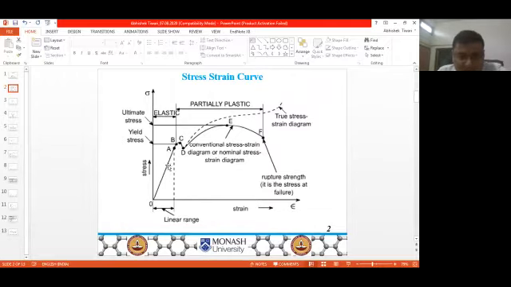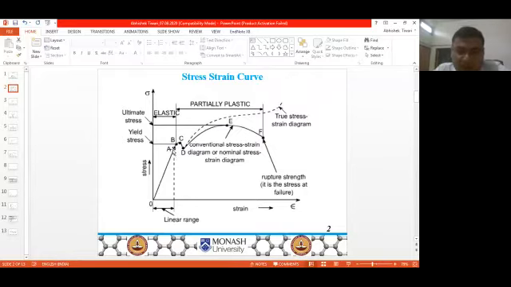In this region, it follows Hooke's law, that is sigma is equal to epsilon into capital E. In this, sigma is stress, epsilon is strain, and capital E is Young's modulus.